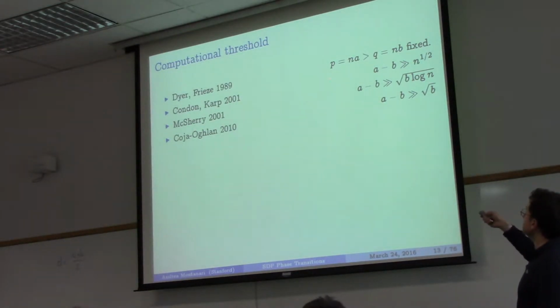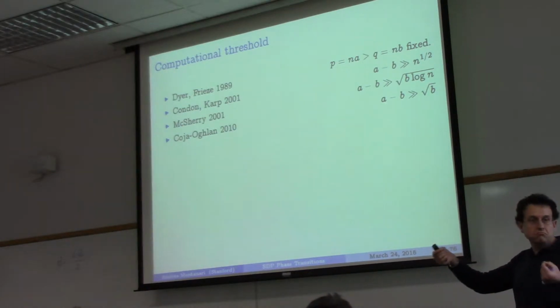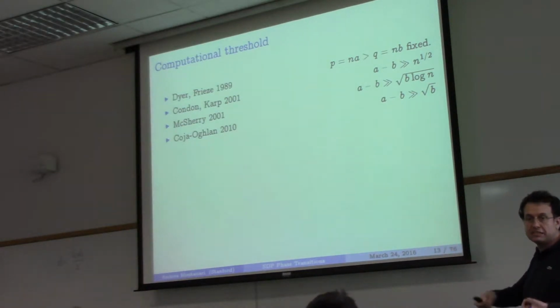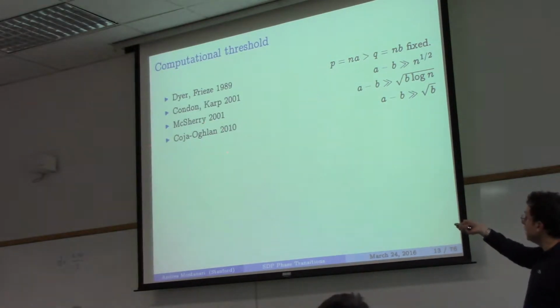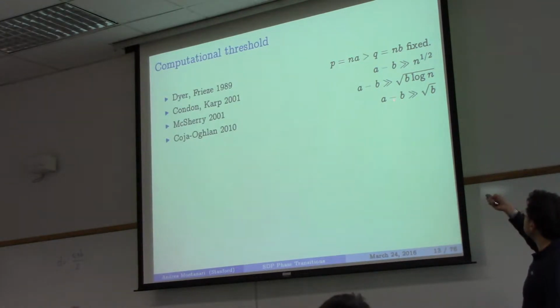Initially, for instance, they proved that if p and q, the edge densities, are separated, then you can do it, and then they went down to smaller values, and Amin Coja-Oghlan had basically the result right up to constants.